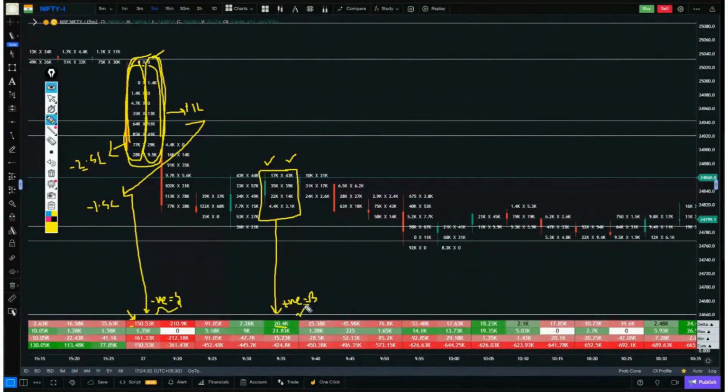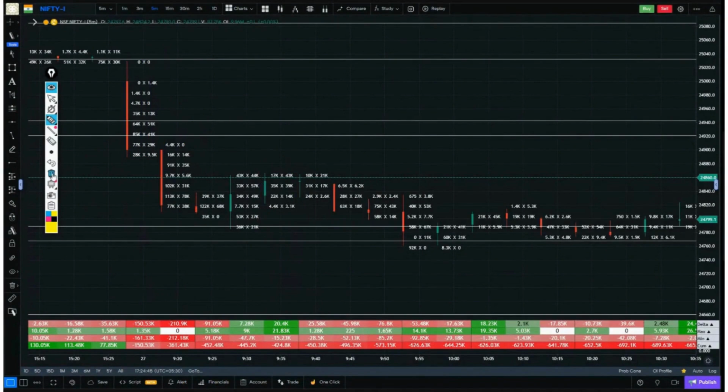Similarly, here positive delta means buyers. Inside this candle, there are 20,000 more buyers as compared to sellers. This is what positive delta and negative delta mean. Well, how are we going to use this? Pick any candle, like I have picked this candle. Look at its delta, 18,000 on the positive side, so that means in this particular candle there are 18,000 more buyers.